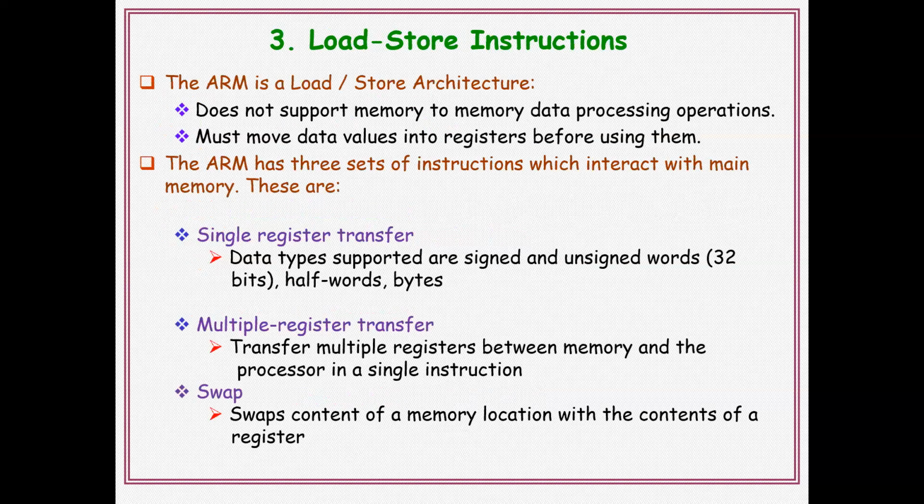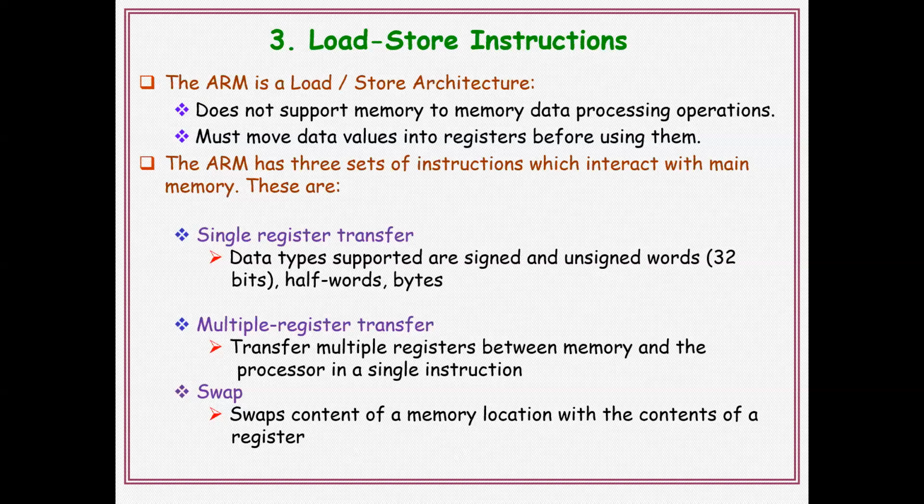And next, the third category is load store instructions. We know that ARM supports load and store architecture. To read data from and write data into memory, ARM introduces load store architecture. That is, it does not support memory to memory data processing operations. Previously in CISC based architectures, with the help of a move operation, you can copy data from memory to memory, memory to register, or register to memory. But here it does not support memory to memory data processing operations.